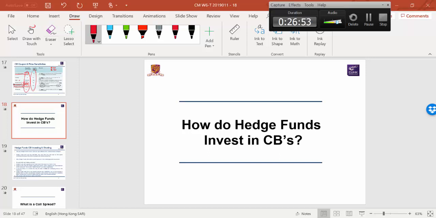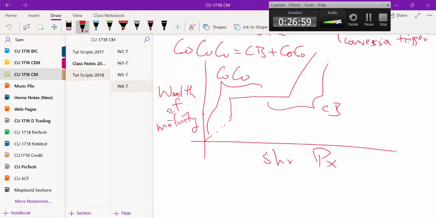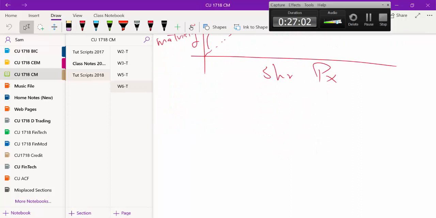Now, how do they actually trade? How do they invest in CBs? Now, I guess there are two types of CB investors. There are what I call dedicated CB funds.